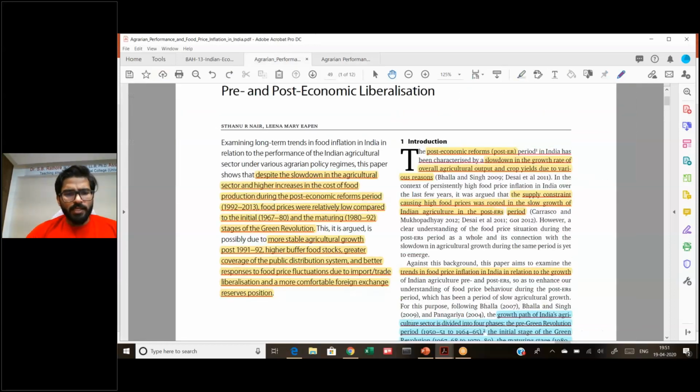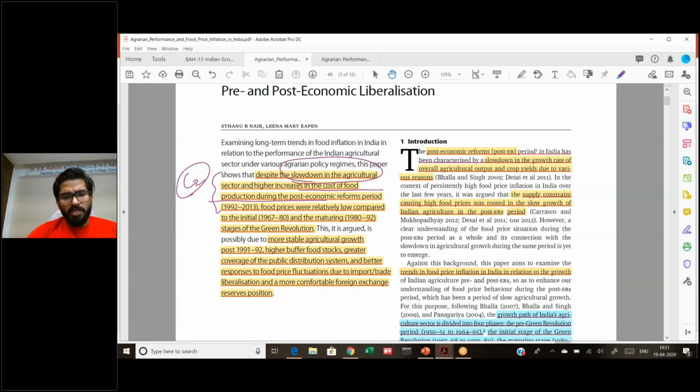As I told you, in the post-liberalization era, despite the slowdown in agricultural growth rate and increasing cost of food production, we've talked about the increasing cost of food production in the previous two readings as well. I told you there's something called C2 costs, and because of the higher input pricing plus higher MSP, the cost of production was becoming higher.